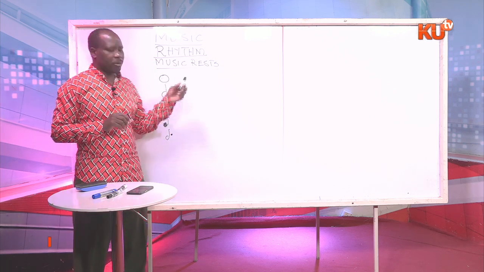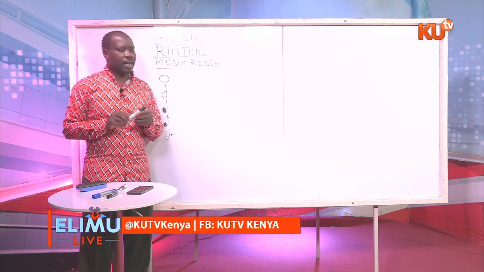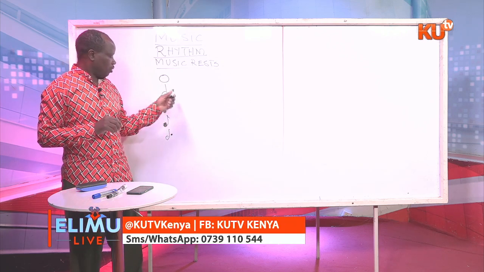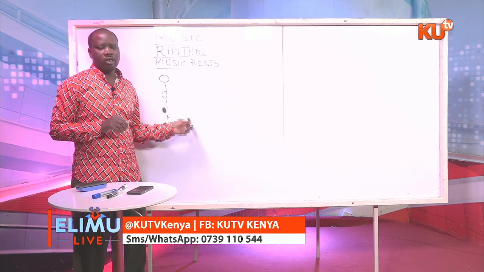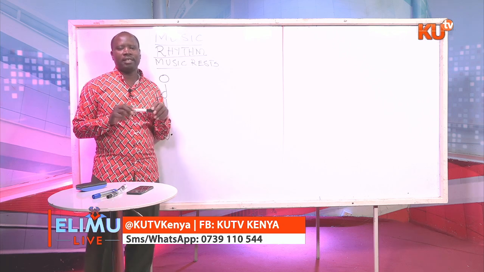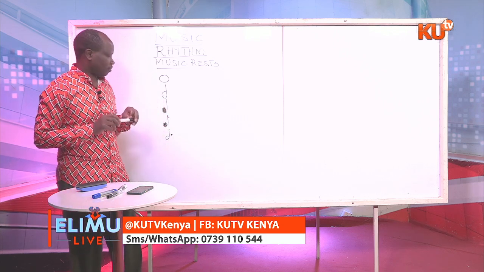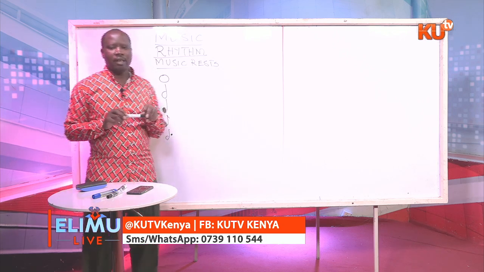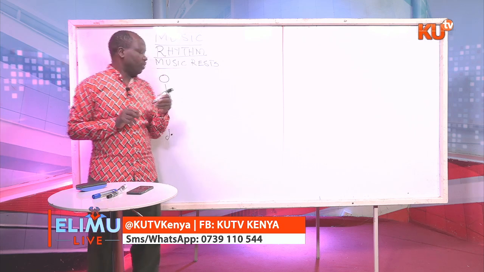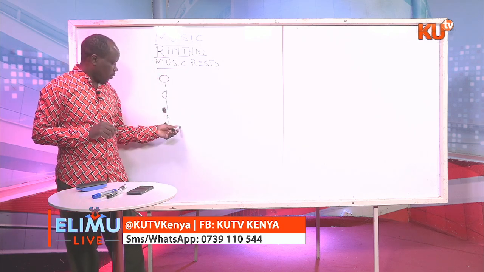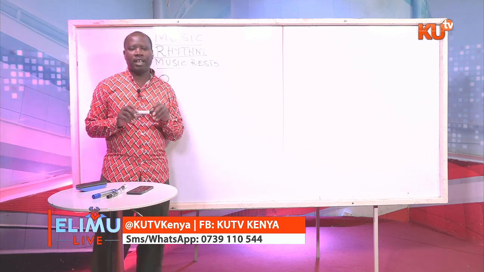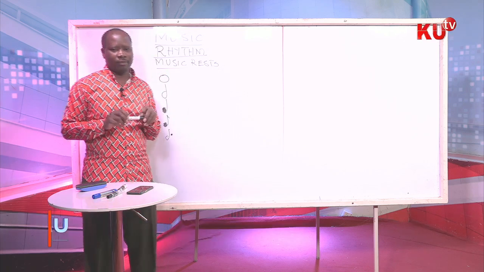Now, this one is called a semi-breve. That name, semi-breve or minim, crotchet, quaver, or dotted minim, these are Latin names. And apart from Latin names of these music notes, we also have their French rhythm names.